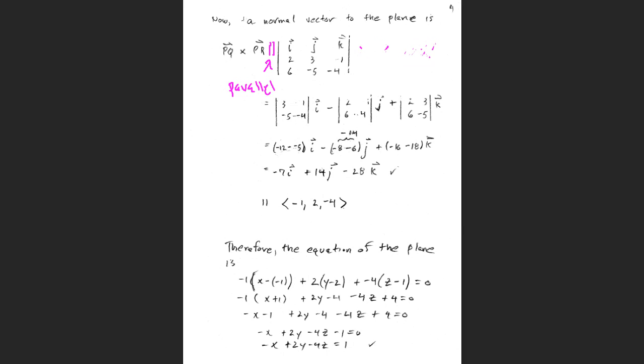Okay, no problem, Eva. Let me just write this. So this is the cross product of 2, 3, 1 with vector 6, -5, and -4. Right? That's what we're doing.